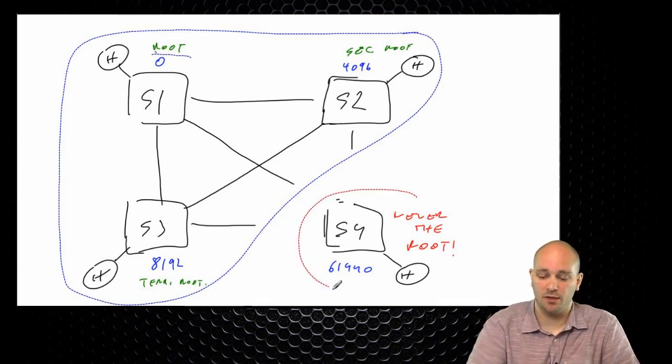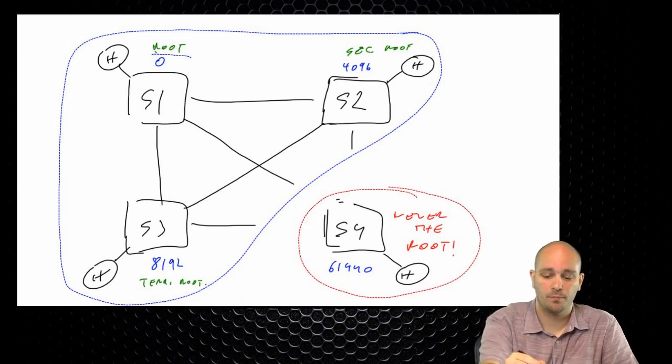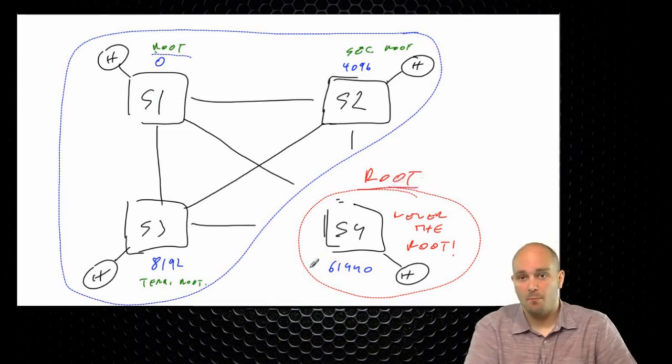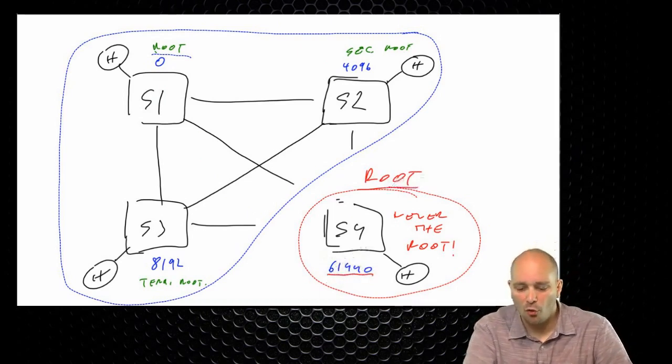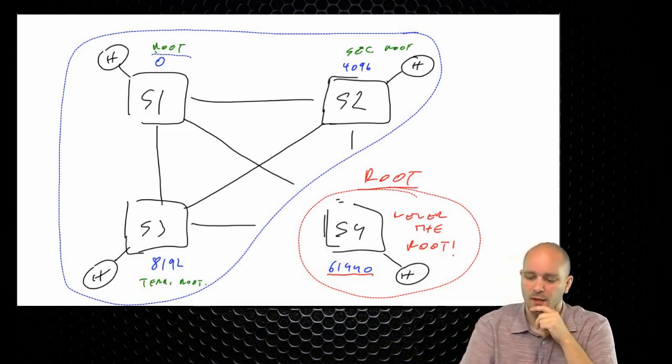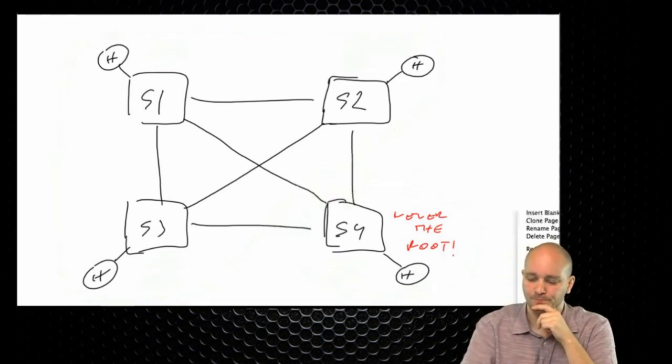But in this network here, switch 4 is the root, because it has the lowest priority of all devices in this network. This is just a host. This is not a switch. So have we satisfied the requirements of our task now? Not really.